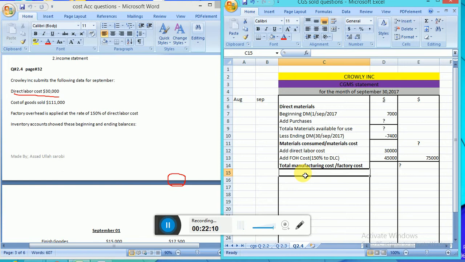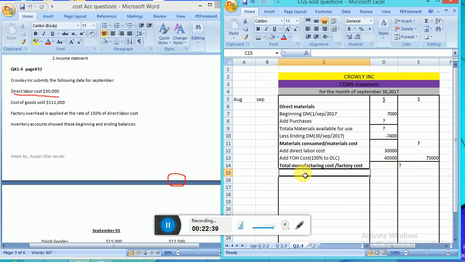Now it shows that this unknown is the material we put into work in process in the month of September. Look at material plus labor plus factory overhead: manufacturing cost.